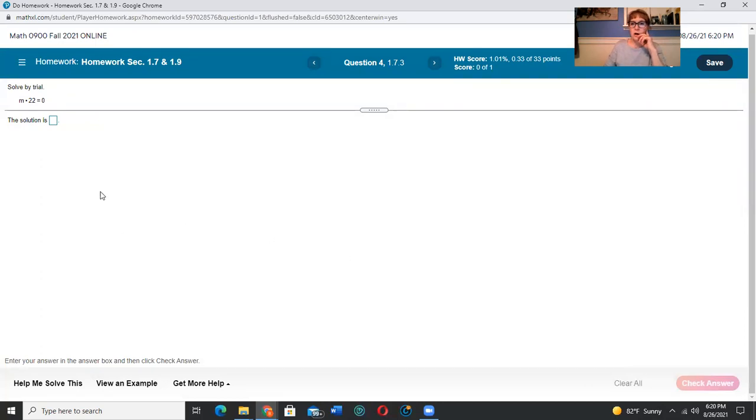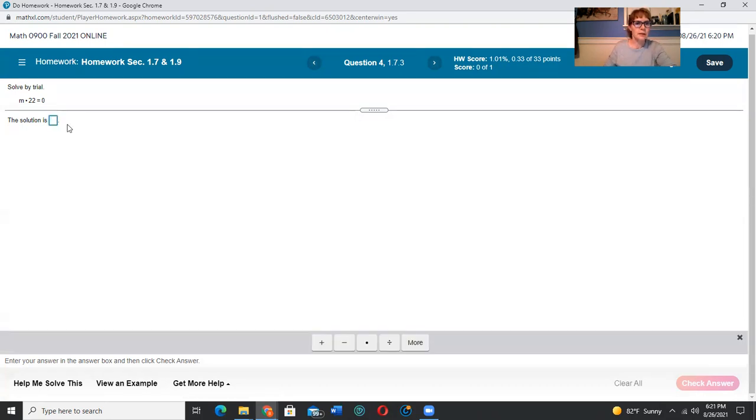So here, solve by trial. All right, now the solution is, when they have a box like this, you click in the box, okay, and you would type in the number.